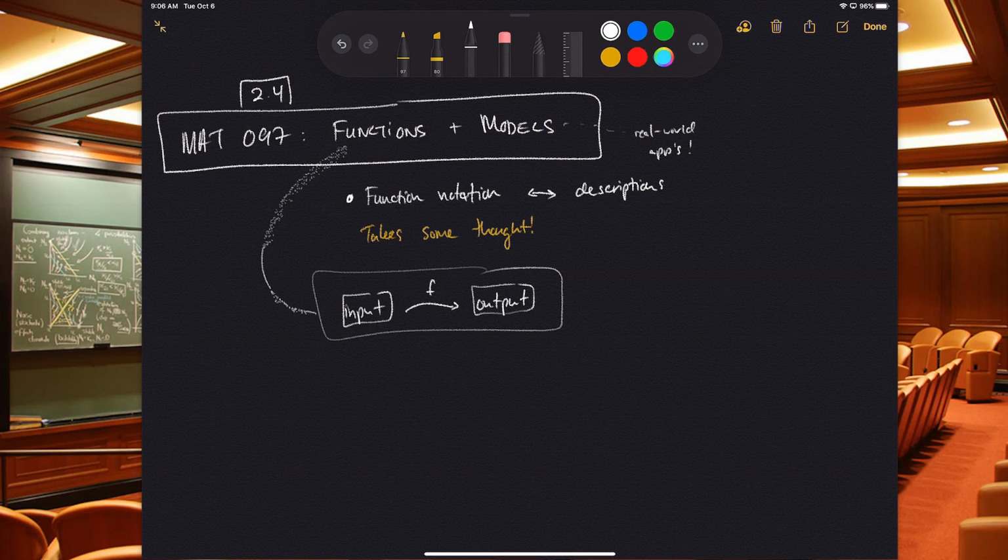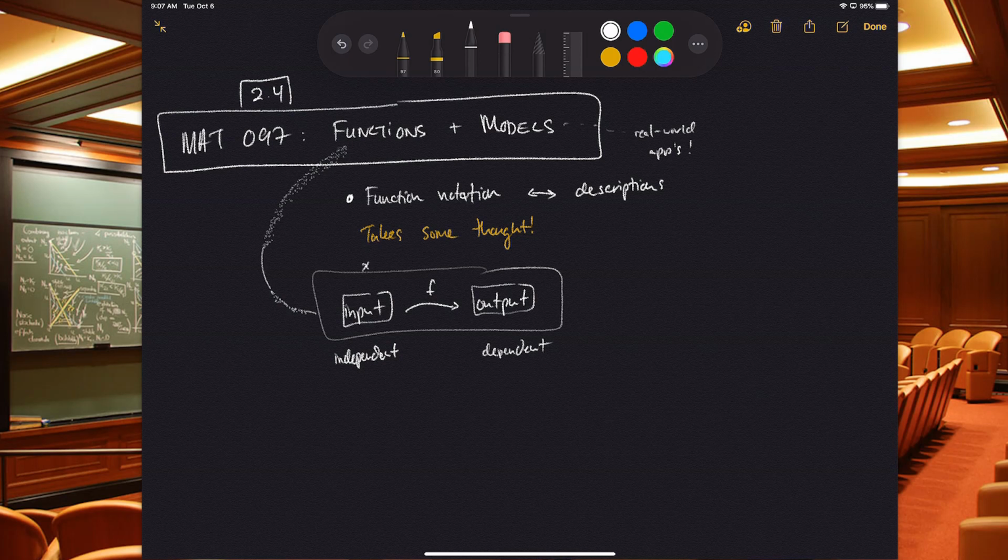The input and output are going to be different quantities. They're going to be related to each other in some way. But what makes sense to be what we call the dependent or output, and what makes sense to be the independent or input? Again, independent meaning it acts on its own accord, and dependent depends on that value.